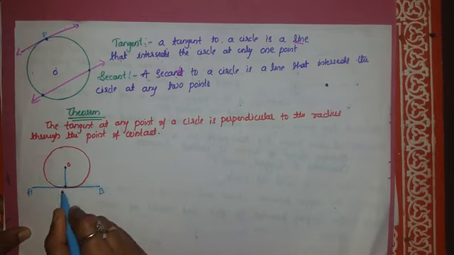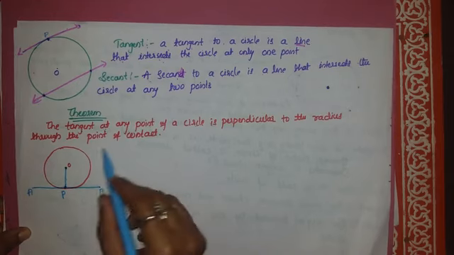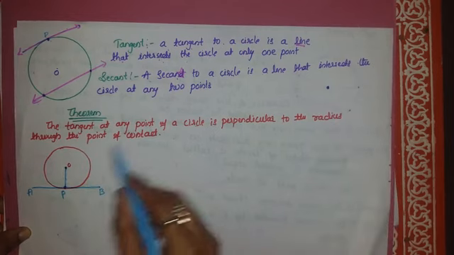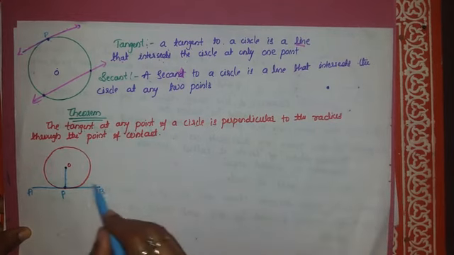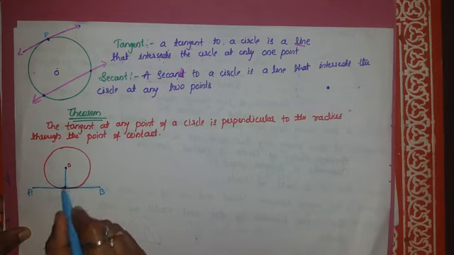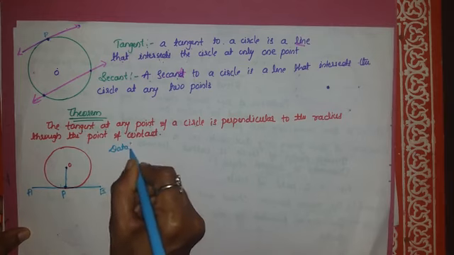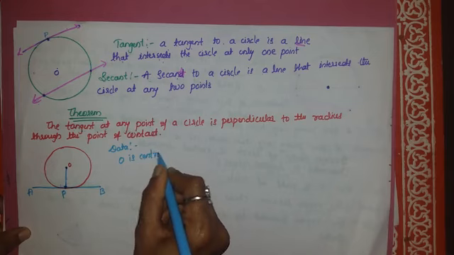I call this point of contact P. What we need to prove is that the tangent is perpendicular to the radius at the point of contact, that is 90 degrees. So I will write down the data here. Given: O is the center of the circle.